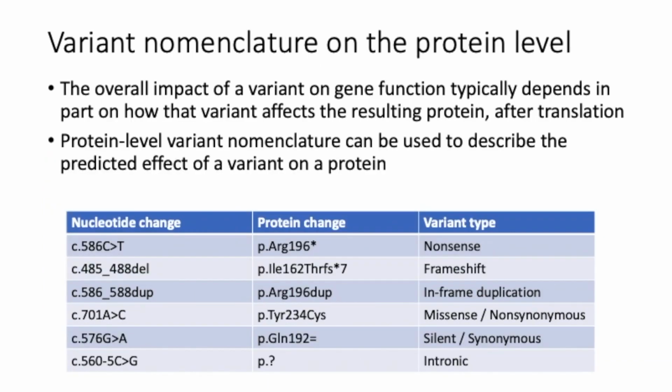The overall impact of a variant on a gene typically depends on how that variant affects the resulting protein after translation. For coding regions within a gene, each variant named at the nucleotide level can also be named at the protein level. Nucleotides are grouped into consecutive sets of 3 within the coding regions, called codons.